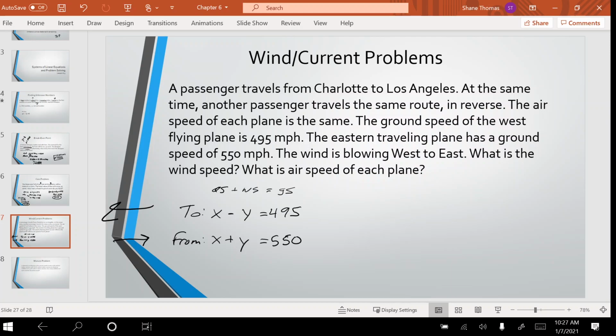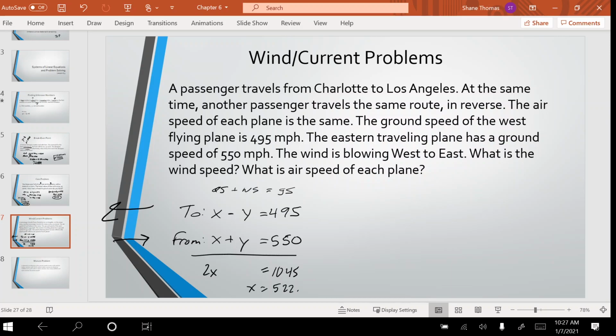Still good? All right, so now we have everything we need to find the airspeed and the wind speed of both of these. Let's just go substitution or elimination. That work? We can just go straight down from here. So 2x equals, oh, what's that going to be? 1,045? All right, divide by 2. So we're looking at 522.5.